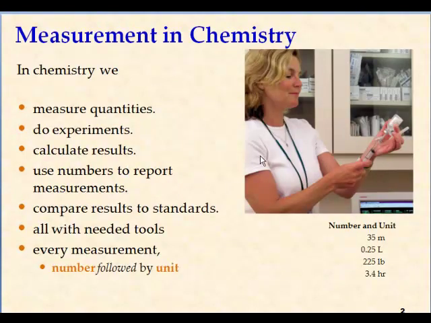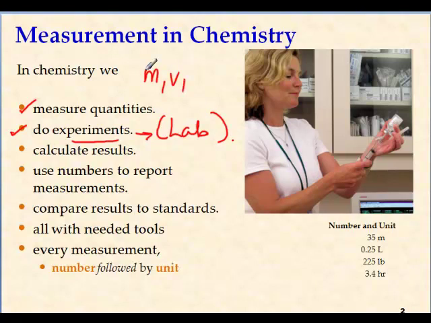So in chemistry, as I said, we will use measurements to measure quantities of elements or compounds or products that are formed. Many experiments are carried out, and I will have you do some experiments during the lab portion of this class. And in the lab portion of this class, you will be asked to measure mass, volume, and density, for example, or length, for example.